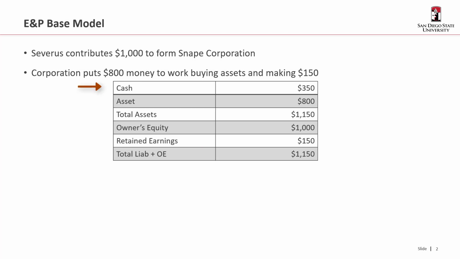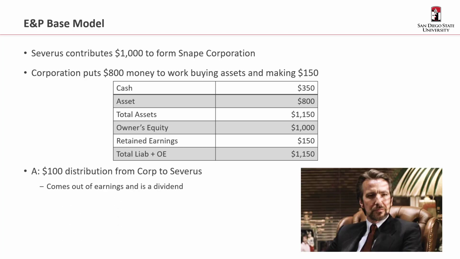We've got cash at $350, that's $200 left over from what Severus contributed, plus the $150 of income that it's generated. It's got that $800 asset that it bought, so total assets of $1,150. It has owner's equity of $1,000 and retained earnings of $150 to top out its liabilities plus owner's equity. So we have a nice, simple, clean balance sheet.